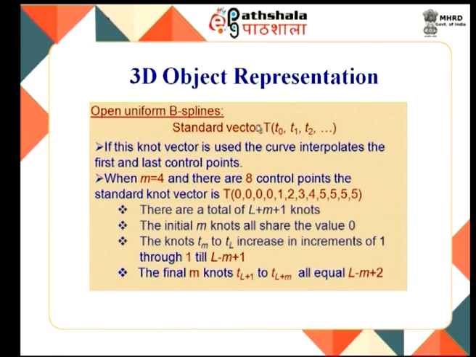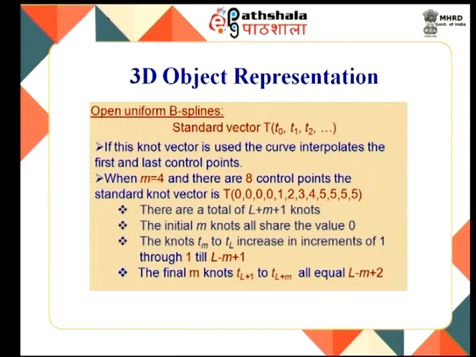When there are multiple knots at a given position on the parameter axis, we get what is called a standard knot vector. That is, a knot vector in which some knots are multiple knots.